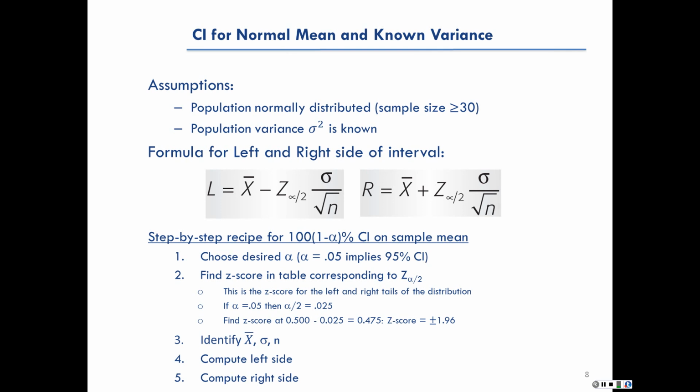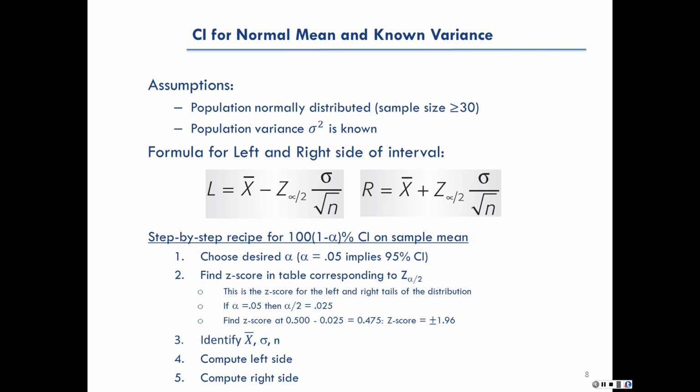So you want to find the z-score that corresponds to a probability of 0.475, because that is the amount of the probability that you want to include on either side of the mean. And that z-score is equal to 1.96. And so it's called plus or minus 1.96 there, because if you plug it in to the right-hand side of the formula there, you're adding it, but on the left-hand side of the formula, you're subtracting it.